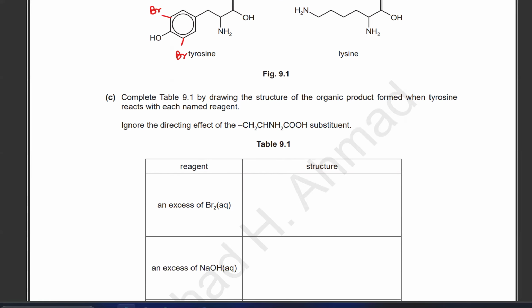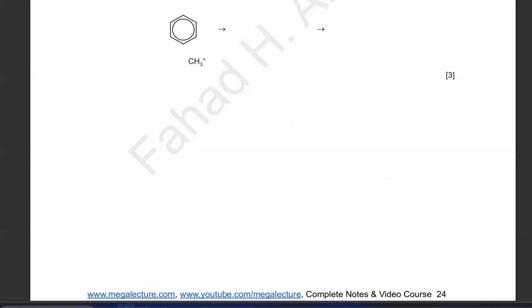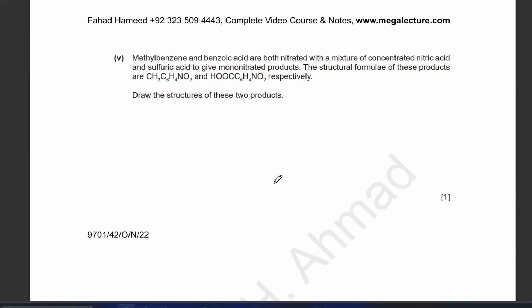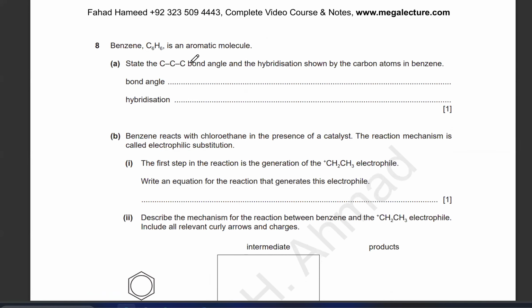NaOH again वो वाला रिएक्शन नहीं किया हुआ, कोई और देख लेते हैं कि अच्छा, बाकी we've done enough questions, similar to this. हाँ, ये कर लेते हैं कि state the CCC bond angles and the hybridization shown in benzene. Benzene में क्या होता है?